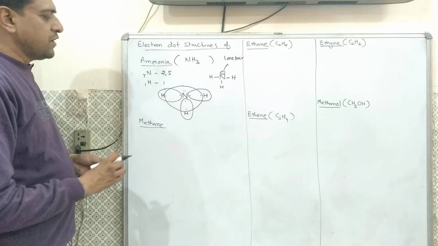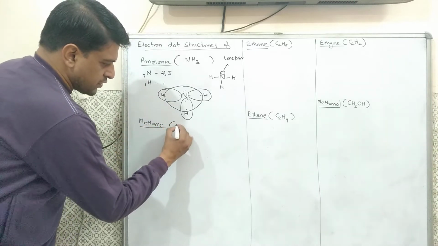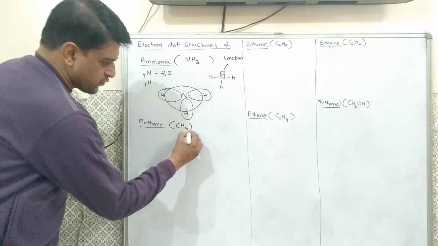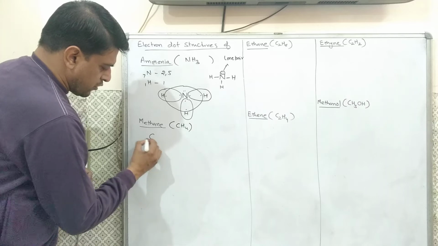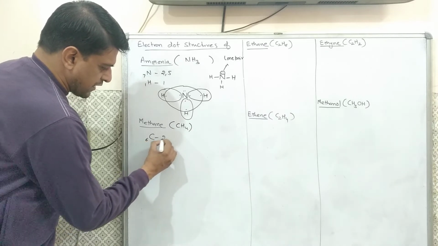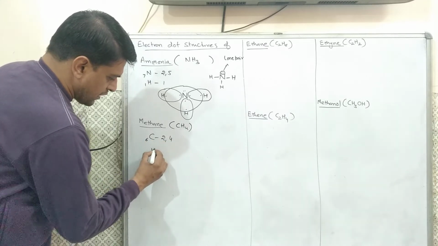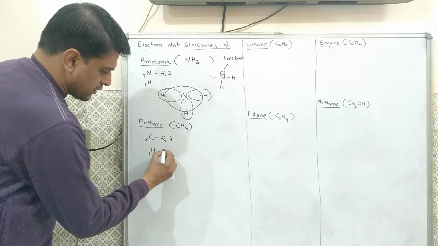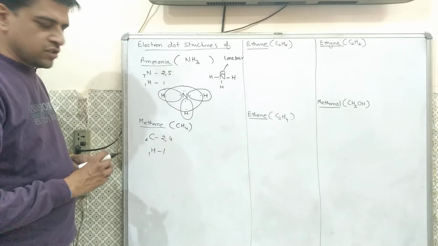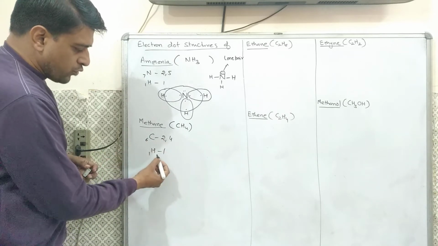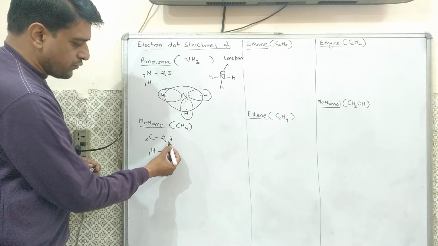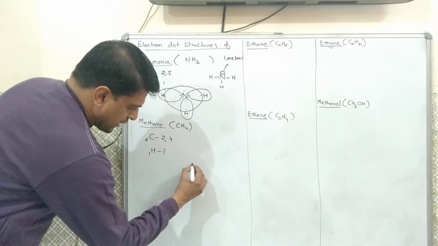Now come to the next structure, it is methane. The formula of methane is CH4. Now the atomic number of carbon is 6, electronic configuration is 2,4, hydrogen atomic number is 1, electronic configuration is 1. It means 4 hydrogen will combine with 1 carbon like this.